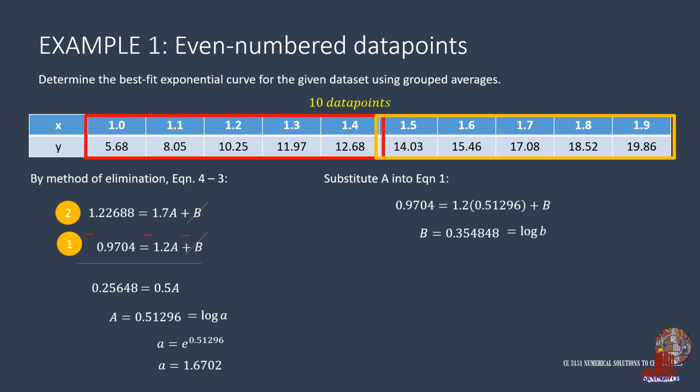So with the same procedure of using exponents, b is e raised to 0.354848, making b 1.4260. With the two components already figured out, the format of y equal to a raised to x times b would turn out as y equal to 1.6702 raised to x times 1.4260 relative to the dataset.